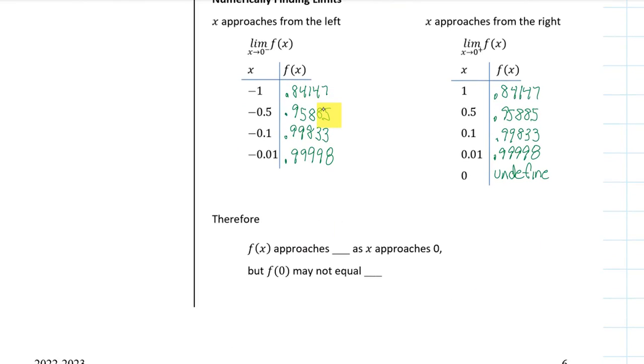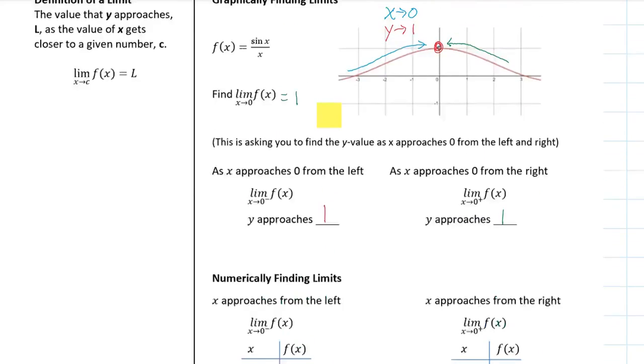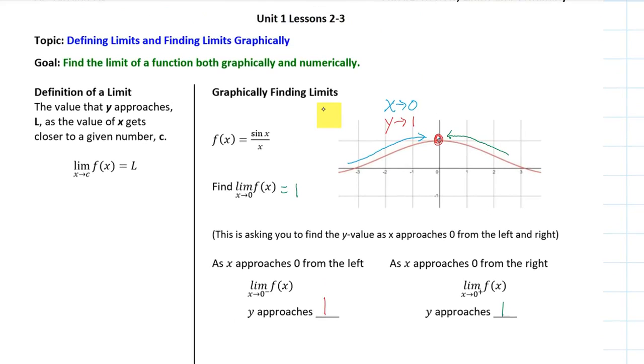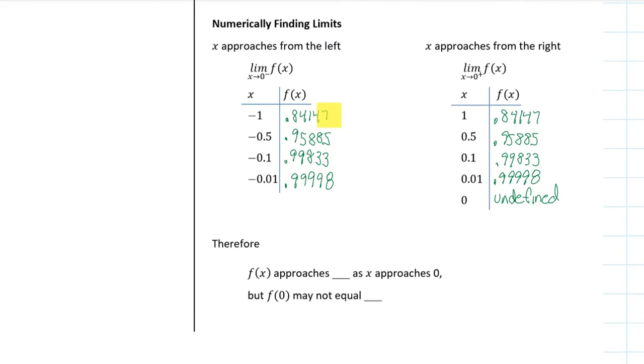So there actually is a hole in my graph right there, but the limit is still 1. So as you saw above, the graph approaches 1 from the left, it approaches 1 from the right. My t-table shows that it approaches 1 from the left as well as 1 from the right, even though when I actually get to 0, f of x is still approaching 1 as x approaches 0, but f of 0 may not necessarily equal 1.